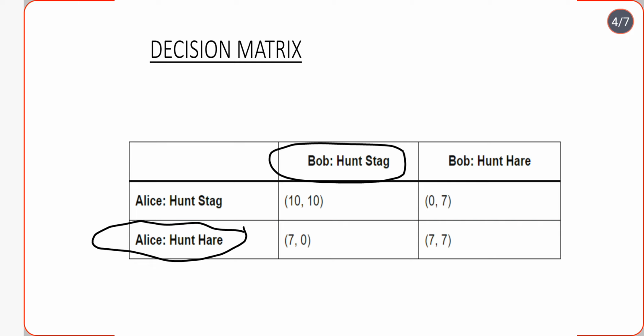That means Alice is not supporting Bob, right? Bob is thinking to hunt the stag, but he can't hunt the stag alone. He needs the support of Alice. But Alice is not supporting Bob because Alice is thinking of hunting the hare. That's why Alice is basically scaring the stag and ruining the entire hunt.